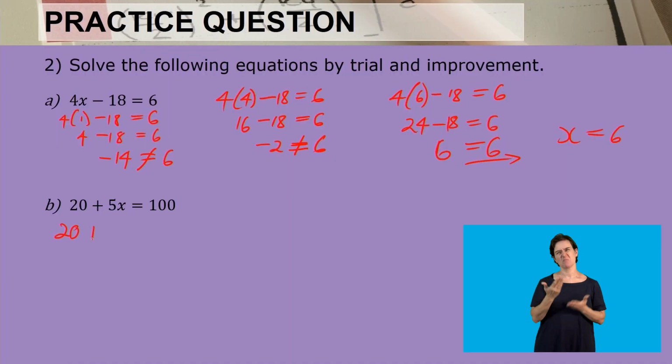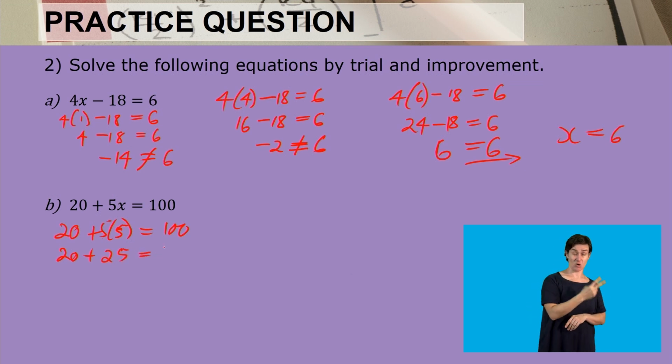Let's try 5. 5 times 5 is 25, and 20 and 25 is 45, and that is not equal to 100.